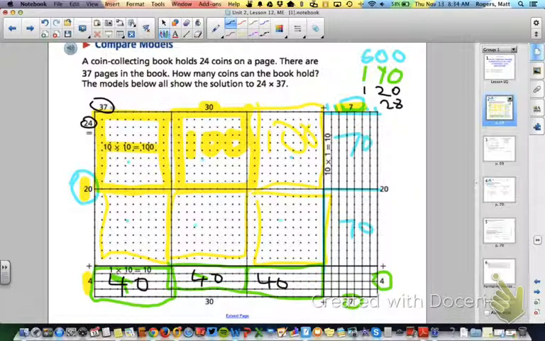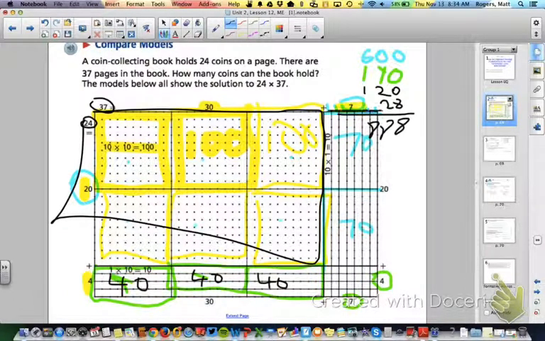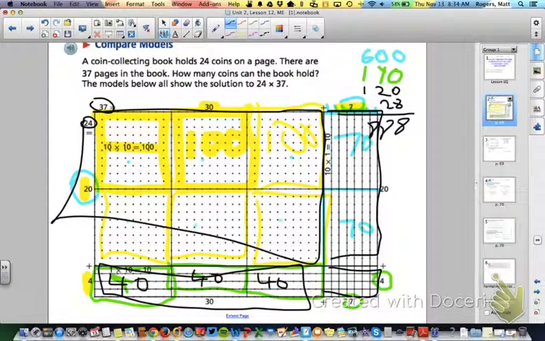When I add up all of my partial products, I get a total answer of 888. So as we saw, we look at the hundreds, the 10 by 1s, and the 1 by 1s, and we have 4 partial products that we add up to give us 888.